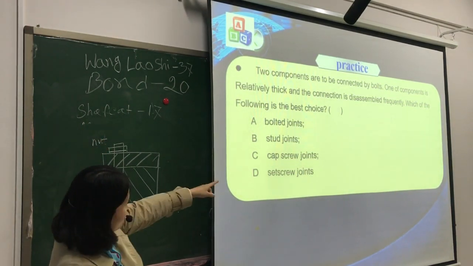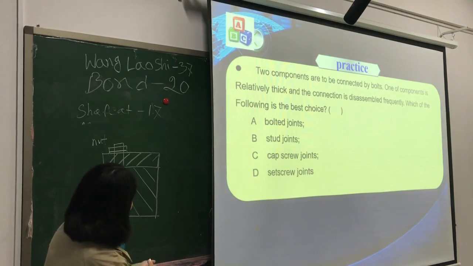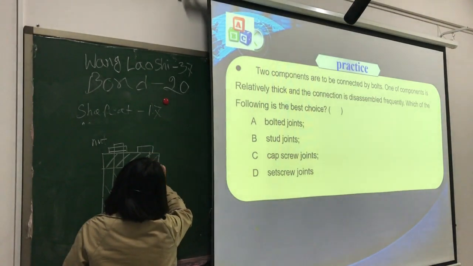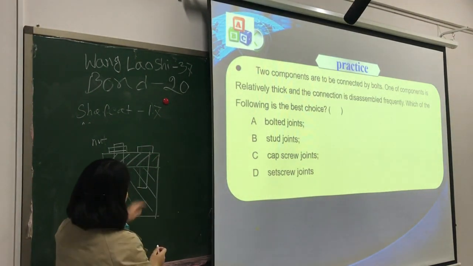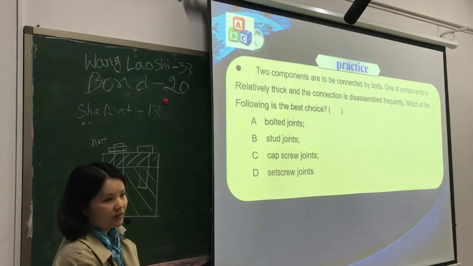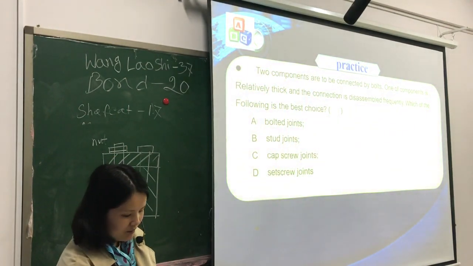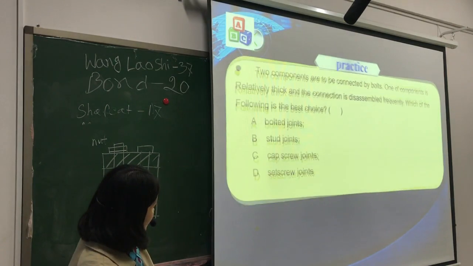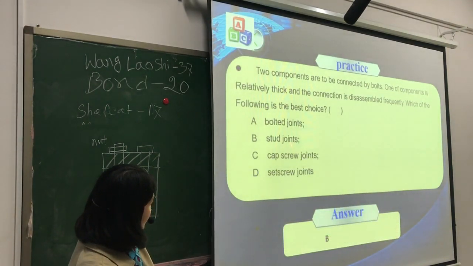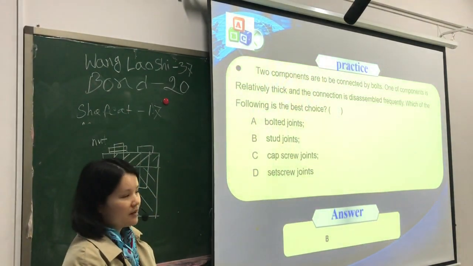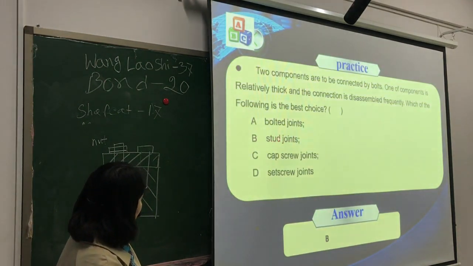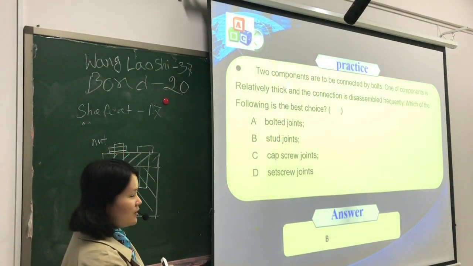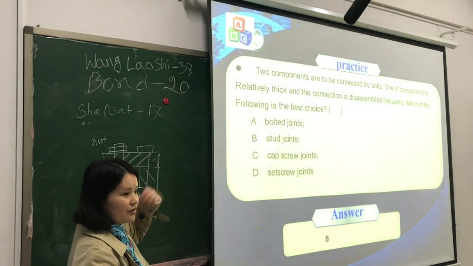And the screw joint connects the members permanently. So we choose B. For the stud joint, this joint has a nut, and the nut can be removed.